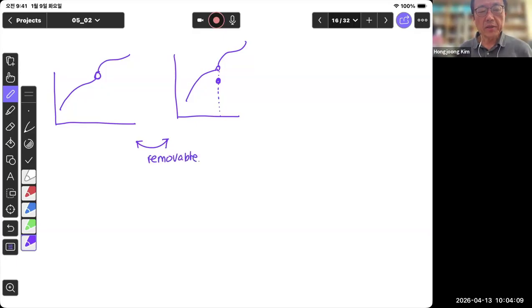And when I say jump discontinuity, then the function is not continuous, but the right hand limit and left hand limit are both finite.